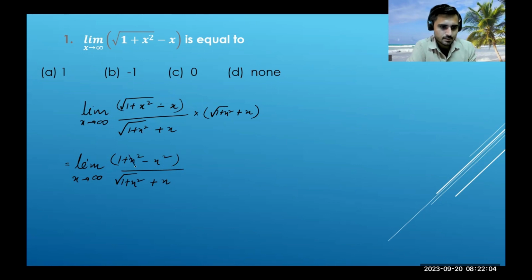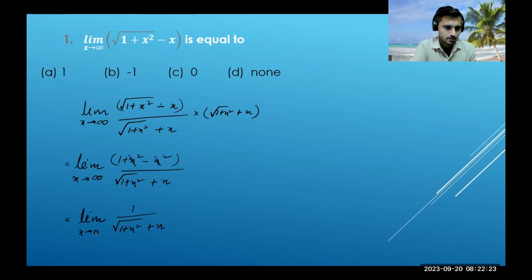Right? So x square plus and minus will cancel out. Limit x tends to infinity, we have here 1 upon square root of 1 plus x square plus x.